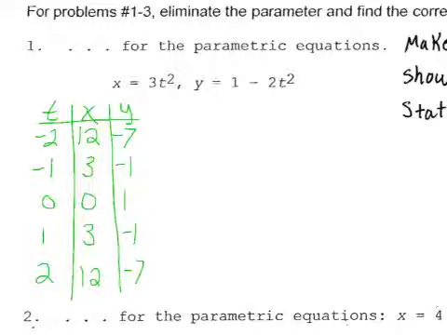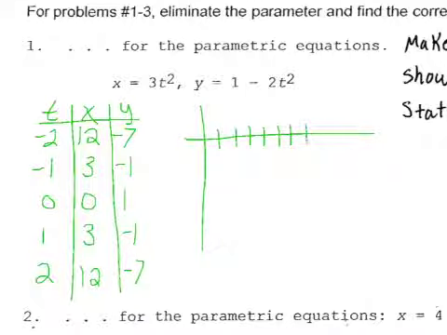So let's graph what's going on and do the orientation of the arrows. So we need our x's to go all the way out to 12, and then we need to go down to -7. And up to 1.